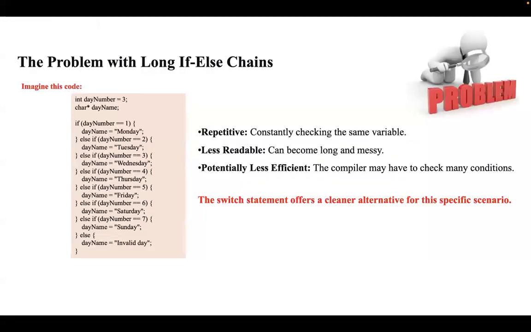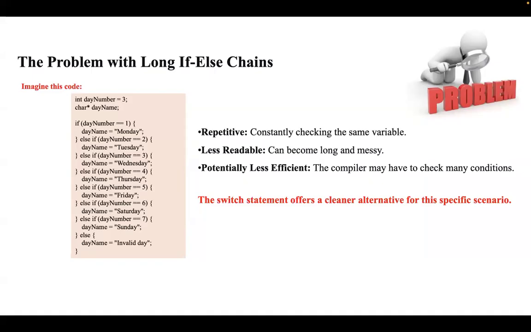So now let's see, you have this kind of long chain. When you check this code, we have 1, 2, 3, 4, 5, 6, 7. We have 7 conditions to check. Checking 1 or 2 conditions is totally fine.